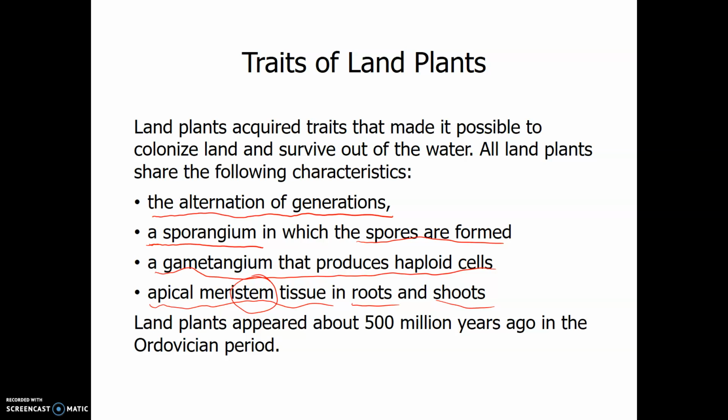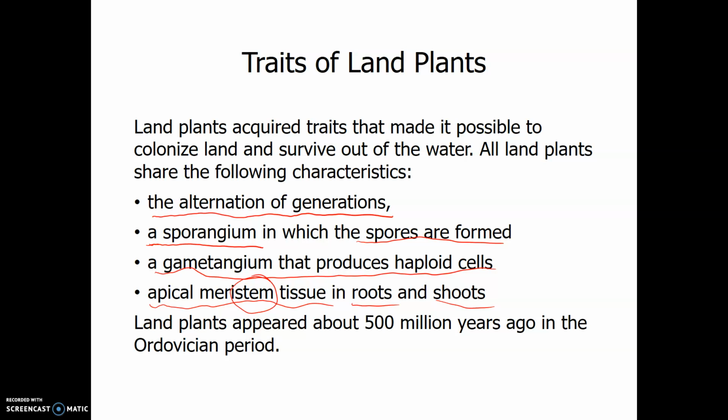And then there are stem cells for blood, there's stem cells for bone, but stem cells basically are just cells that can divide by mitosis and produce new cells. So the apical meristem tissue is the area of growth.